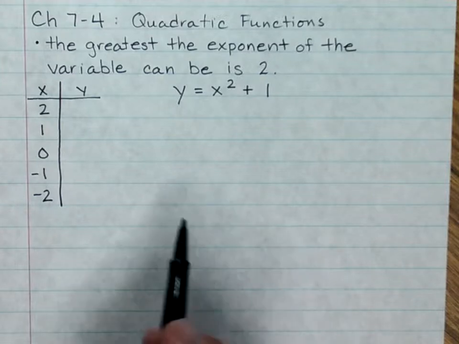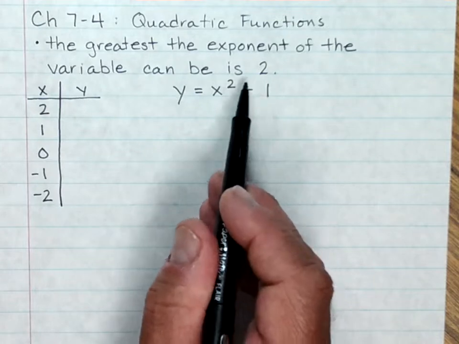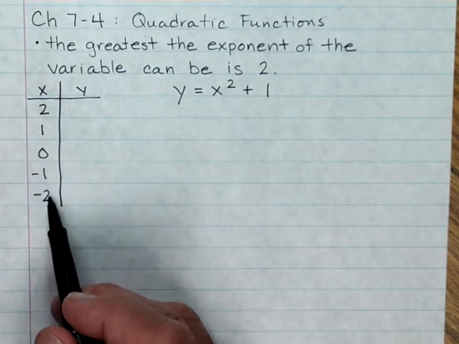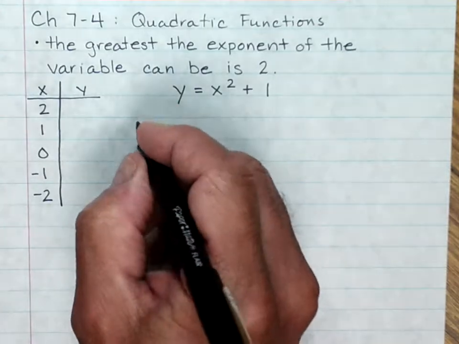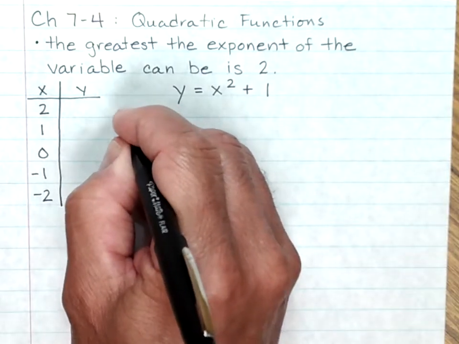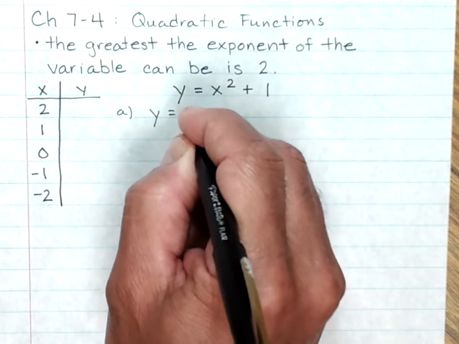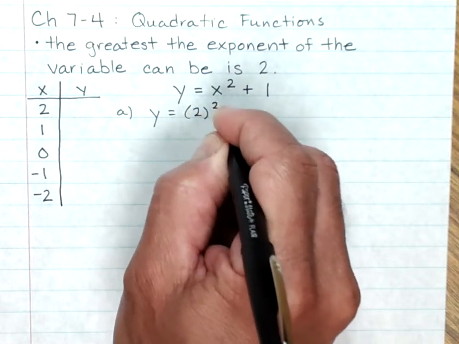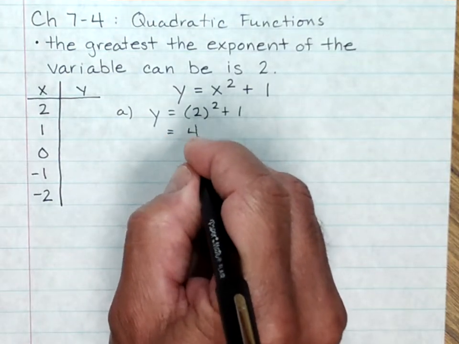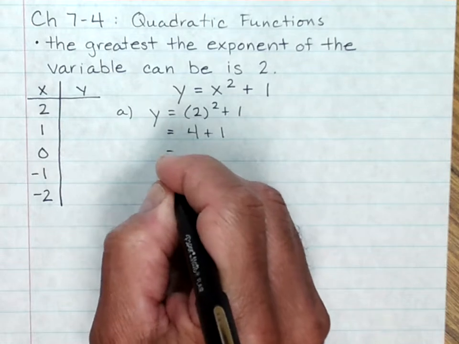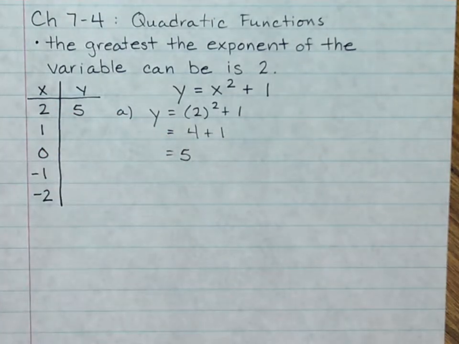And now it's just a matter of putting these inputs in for x, solving each function 5 times, and then we'll have 5 different outputs. So y is equal to the quantity 2 squared plus 1. 2 squared is 4 plus 1, which is 5. So when we put 2 in, we get 5.